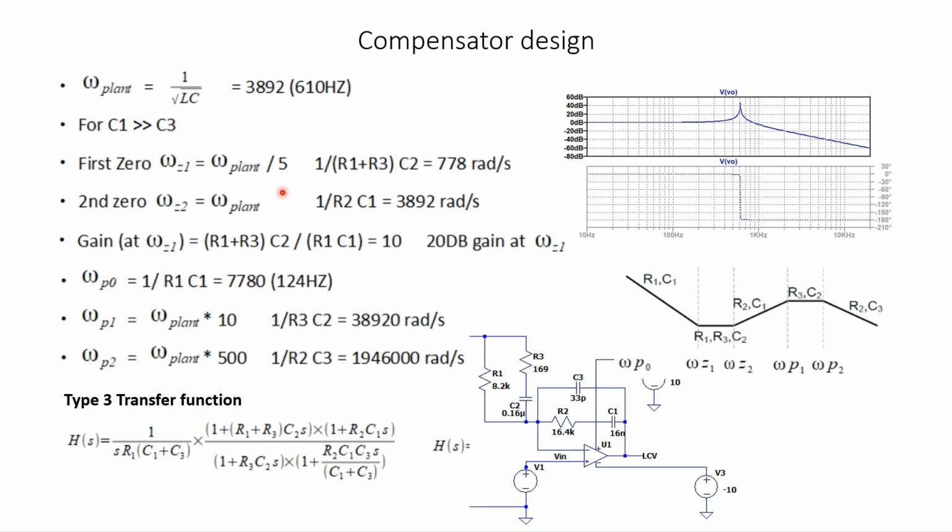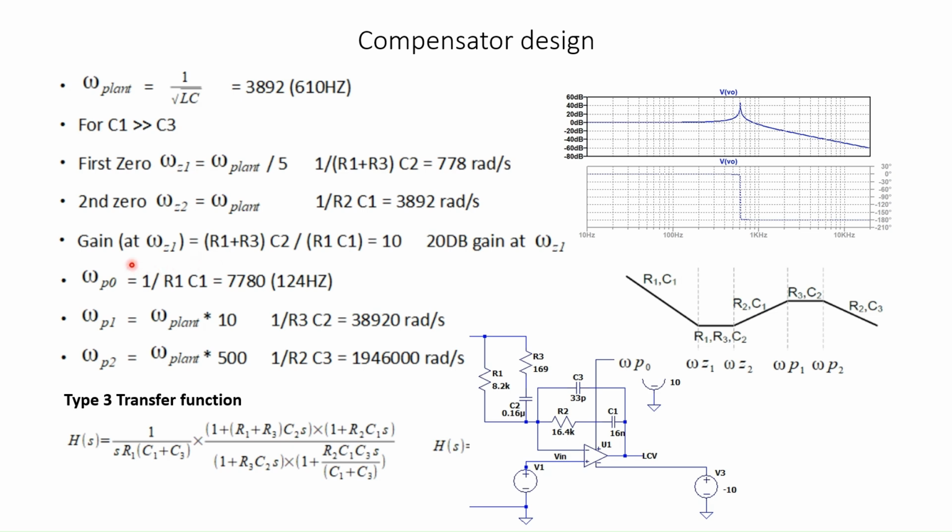We wanted to have two zeros around the resonant frequency to make the frequency cross 0 dB at 20 dB per decade. So we have two zeros here. One zero is kept at the frequency omega plant divided by 5, and another zero is 1 over R2 C1, and that is kept exactly at the resonant frequency.